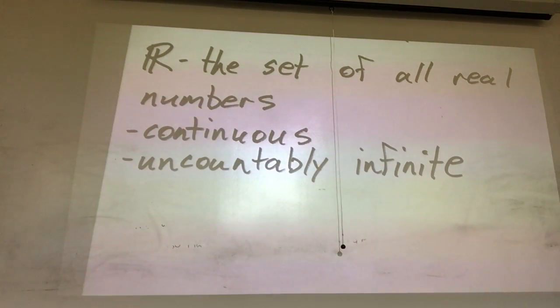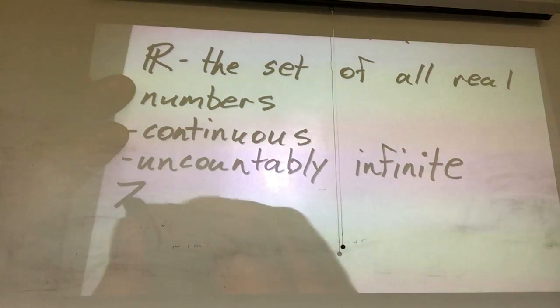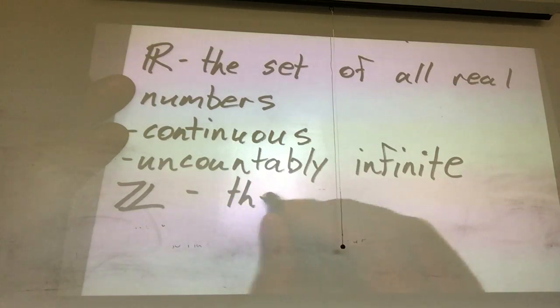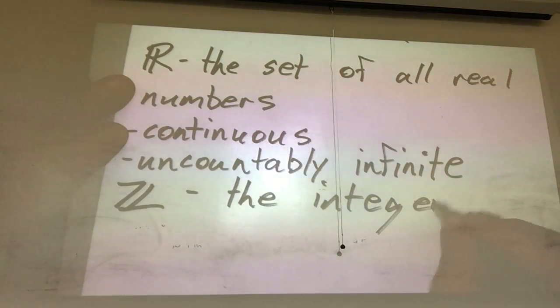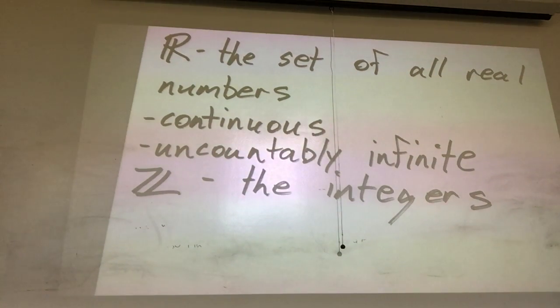Now, let's look at a discrete set. Let's say the integers. That's a Z, yes. And common notation for it is that Z with a bar.